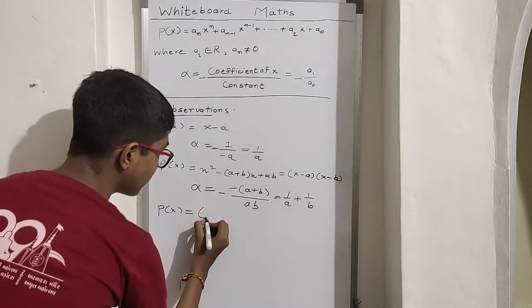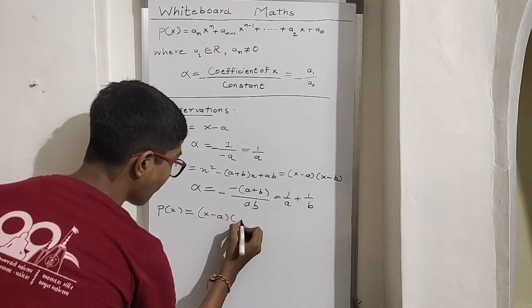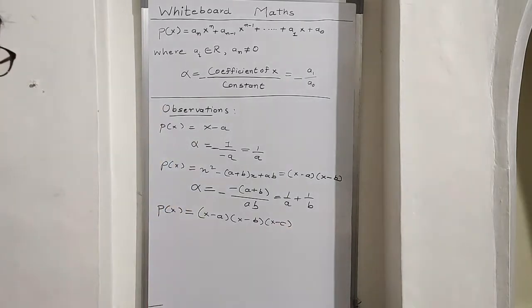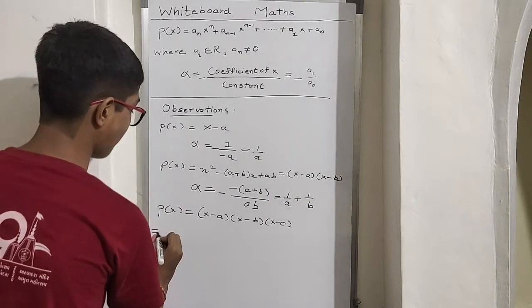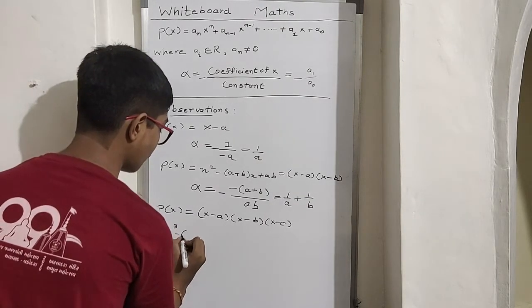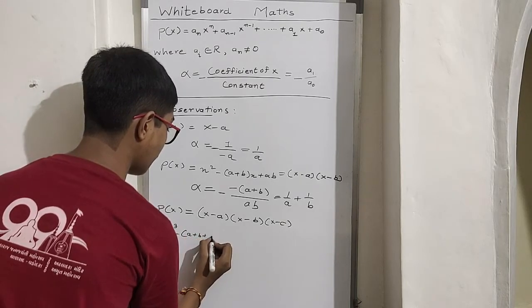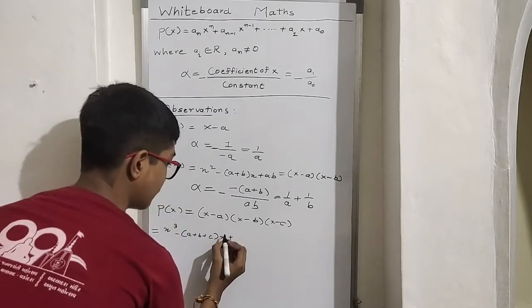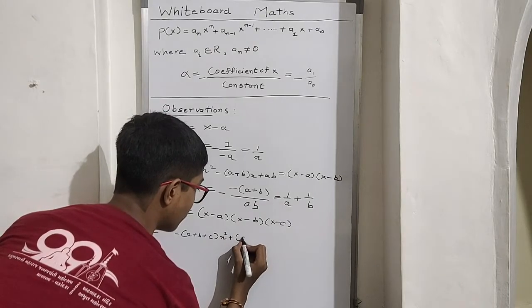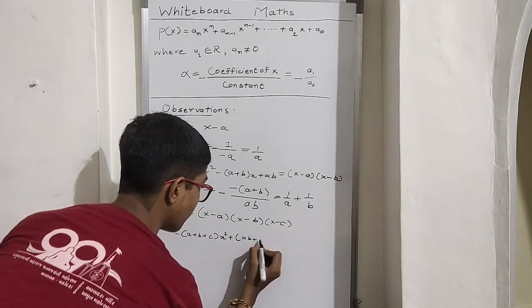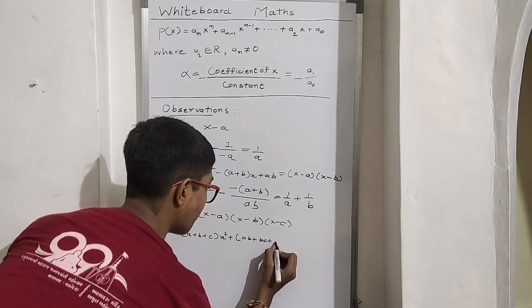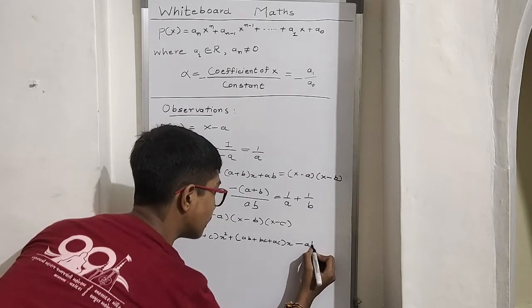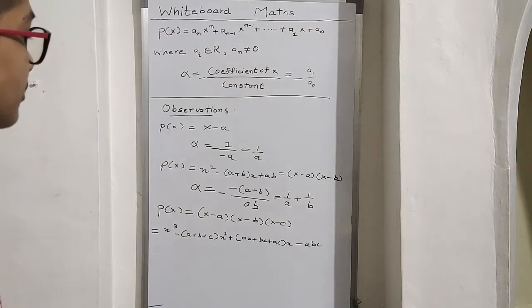Now we will take a look at the general case of a third degree polynomial. If you expand this, you will get this, which will be like this.